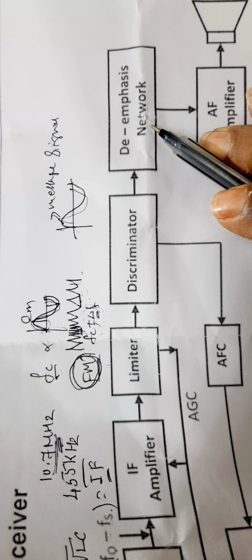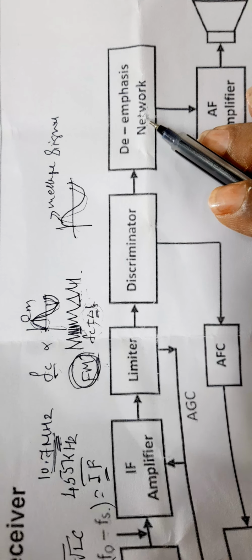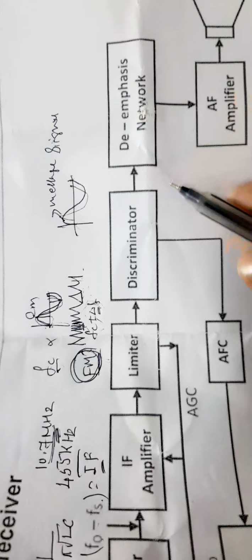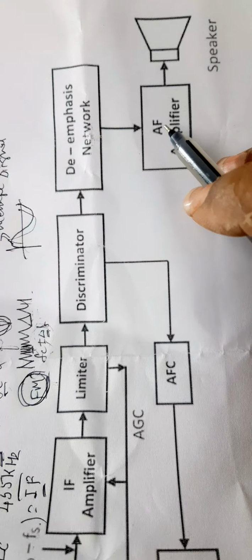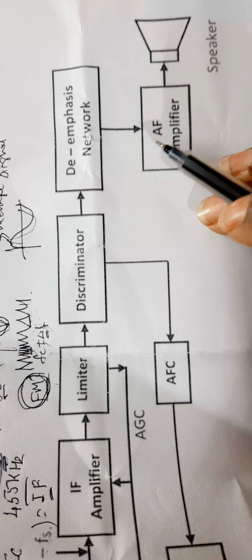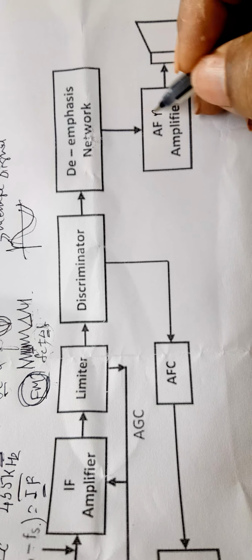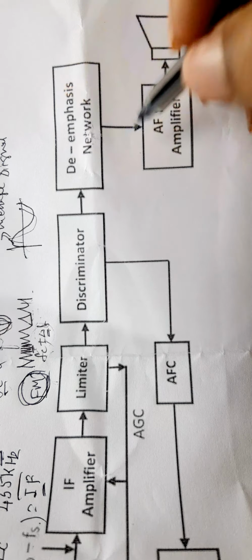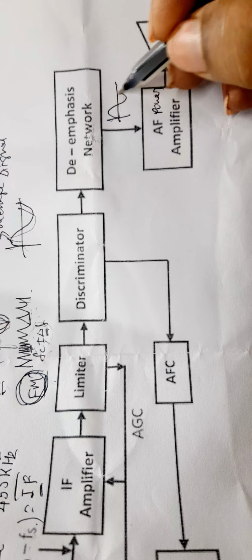We know that our voice signal has frequency ranging from low frequency 20 Hz to high frequency 20 kilohertz. Those amplitudes are de-emphasized. And after de-emphasis, it is amplified by the AF power amplifier. This is our message signal we are getting from the output.